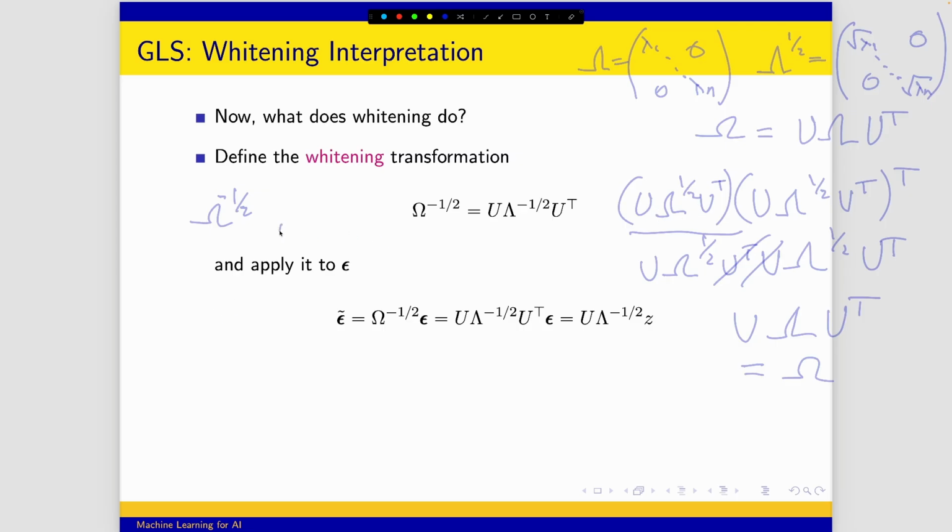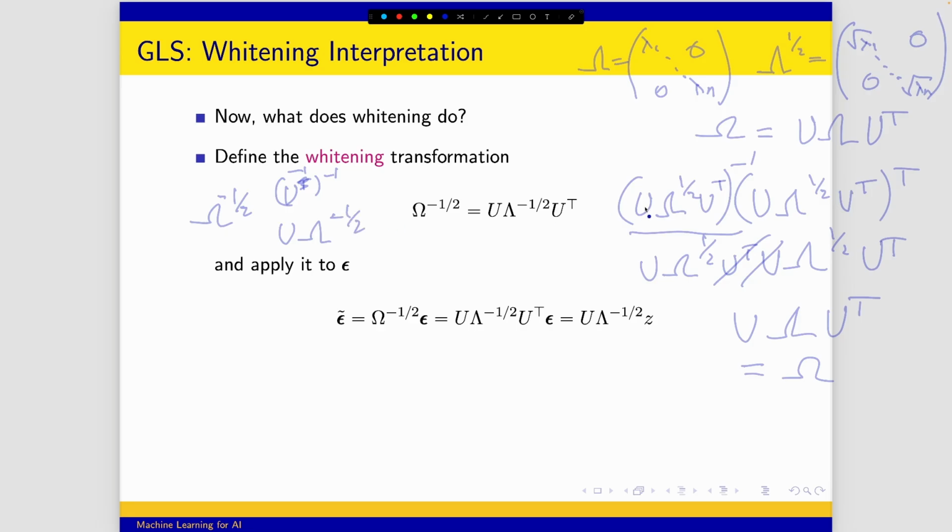Well, it's going to be U. So we take the U transpose, and we want the inverse of this. U transpose inverse. But U transpose is the inverse of U, so U inverse inverse just gives us U. And then we've got the inverse of this, which is lambda to the minus a half.